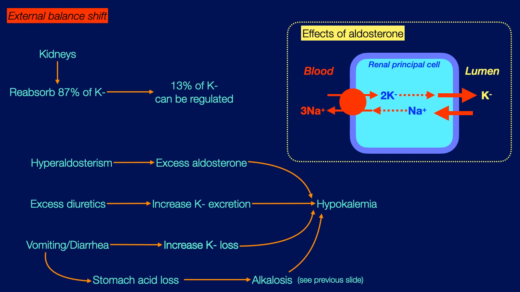Another external balance shift causing hypokalemia is increased losses of gastrointestinal secretions, typically due to vomiting and diarrhea. Now, the upper GI tract only secretes a small quantity of potassium, so direct losses via vomiting are usually minimal, but the loss of stomach acids leads the body to metabolic alkalosis, which, as we already saw, can lead to hypokalemia.